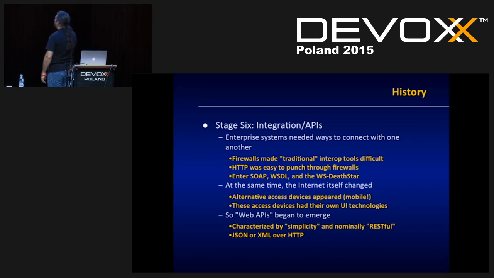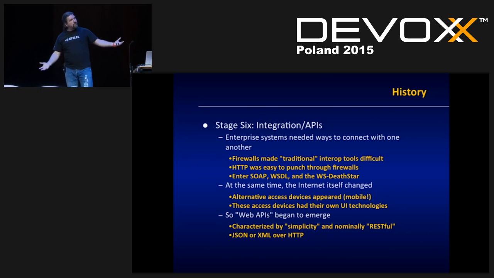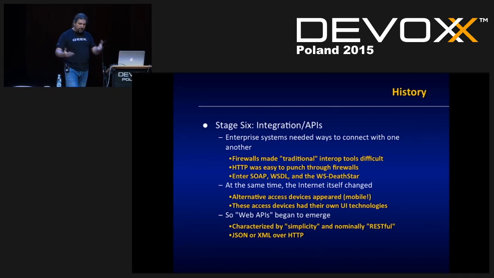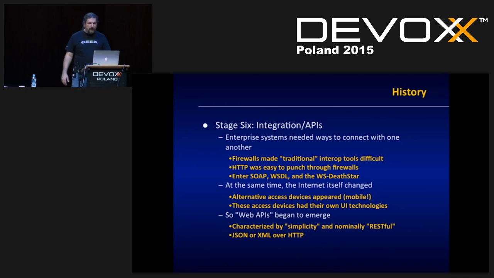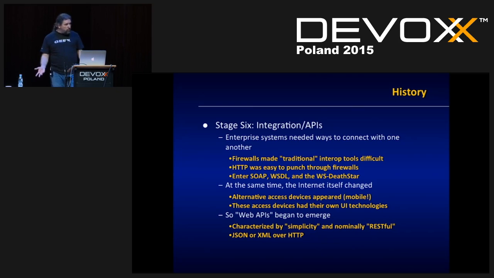Excuse me. So if you've got this problem where you've got all these different things that want to access stuff on your servers, and you don't want to build all of these individual independent endpoints, what do you do? Well, HTTP from the get-go was designed to be a technology neutral protocol.